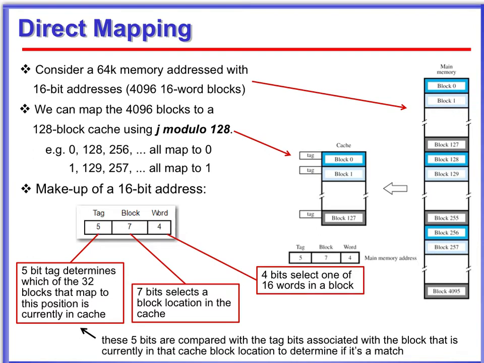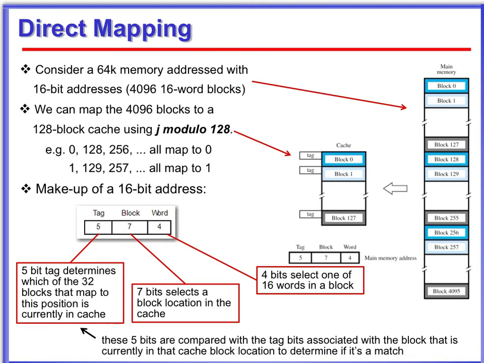Now finally, there's 32 blocks in memory that all map to the same position in cache. So if we're looking in this block here in cache, we want to know which one of these 32 is currently residing there. We use the tag for that. 2 to the 5 is 32.